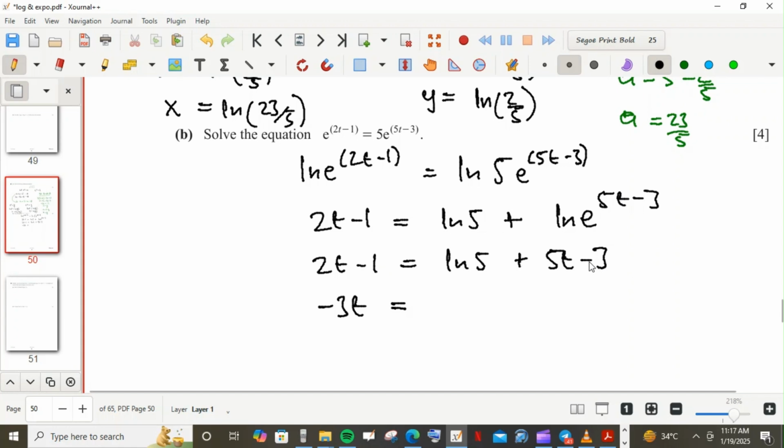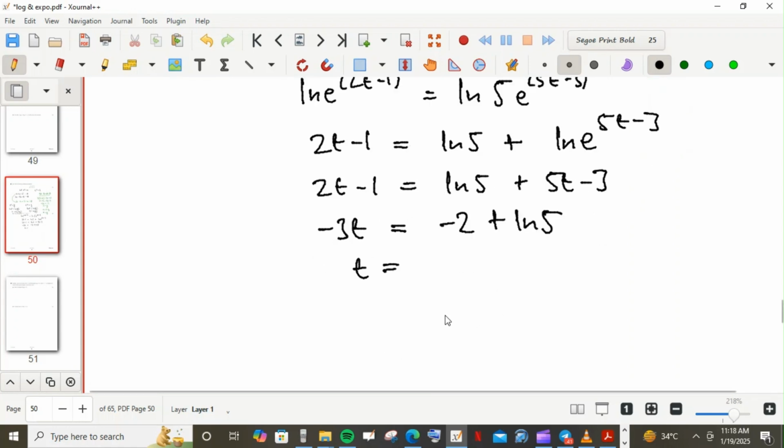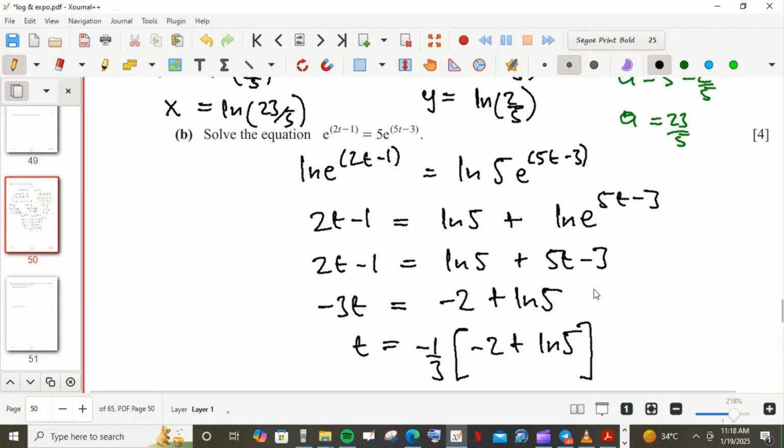So plus 1 minus 3, that's negative 2 plus ln 5. So if I divide both sides by negative 3, I'll get this. So that should be my answer.